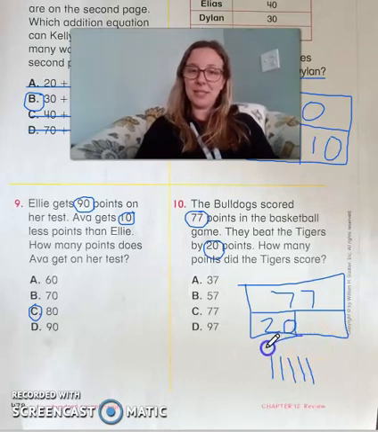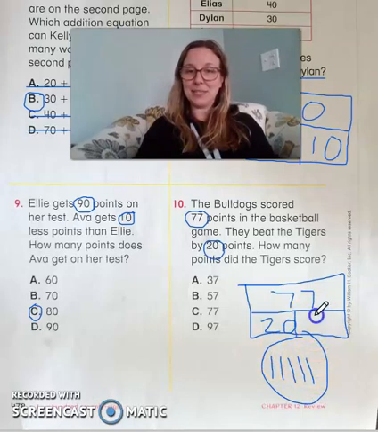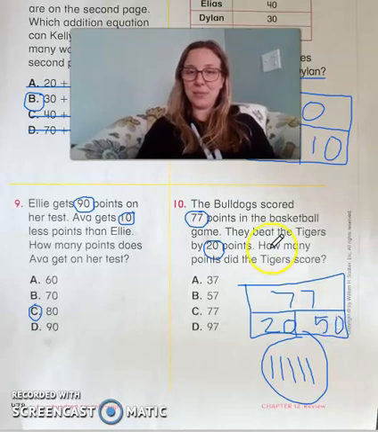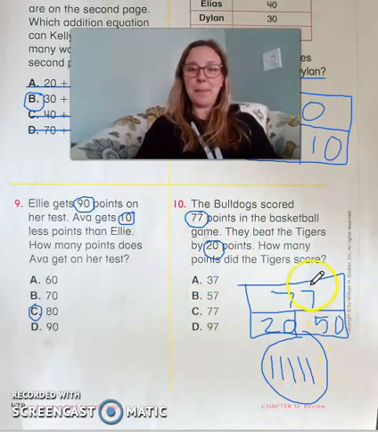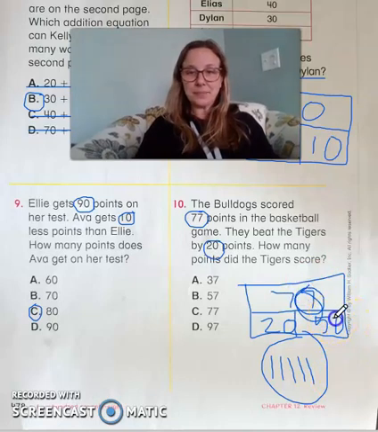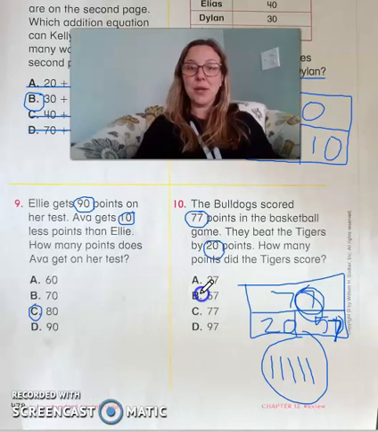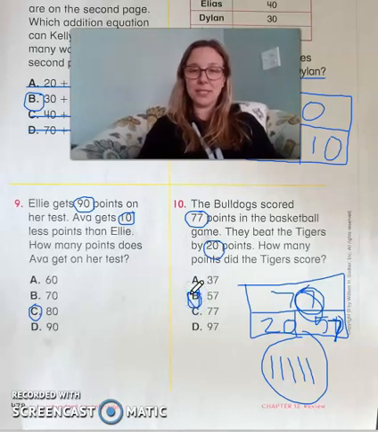Now, if I count these up, that gives me 1, 2, 3, 4, 5 tens, which is 50. So the difference between 20 and 77 is 50, but because we already have 7 ones, our answer is 57. We can't forget about those ones.